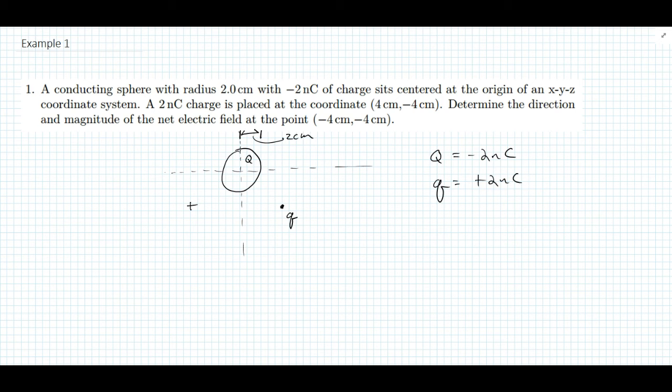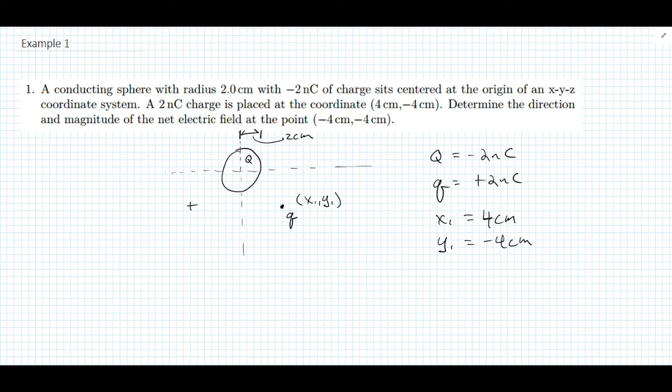Now I've also got coordinates here, so I know that the sphere is at the origin, so that's 0, 0. I'm going to call the coordinate of the second charge x1, y1. So in this case, x1 is going to be equal to 4 centimeters, and y1 is going to be equal to negative 4 centimeters.